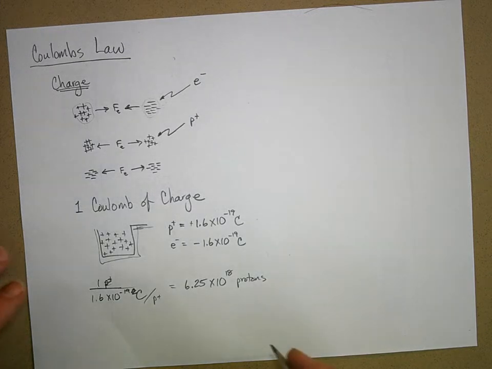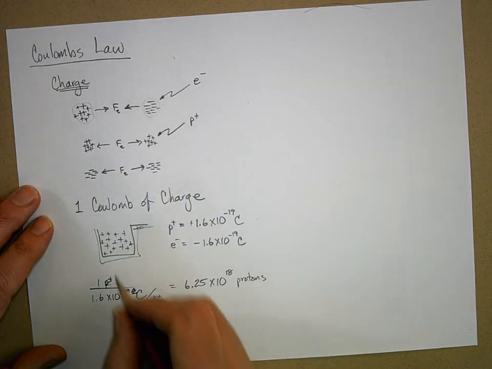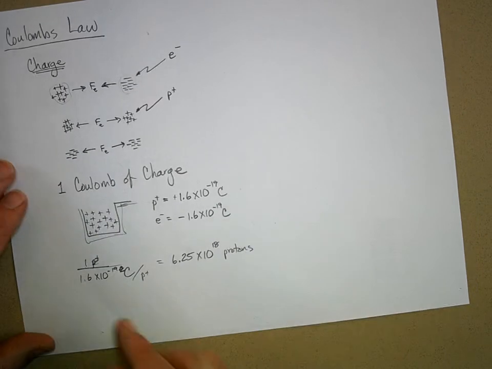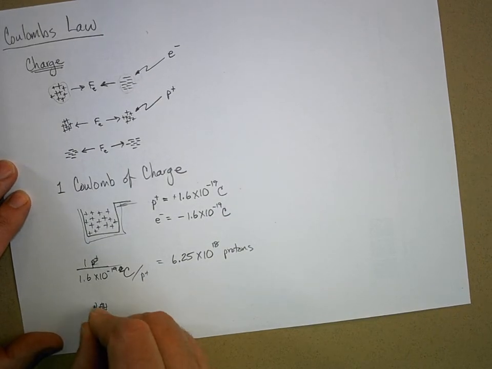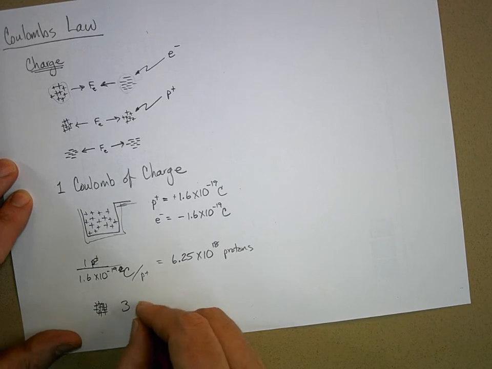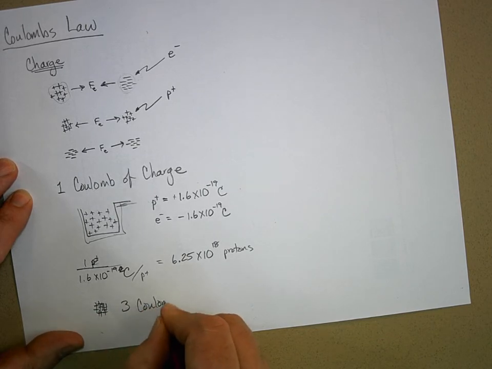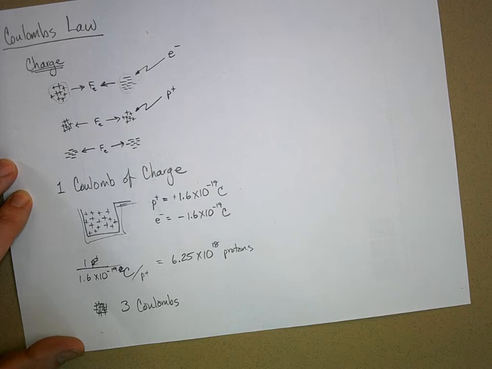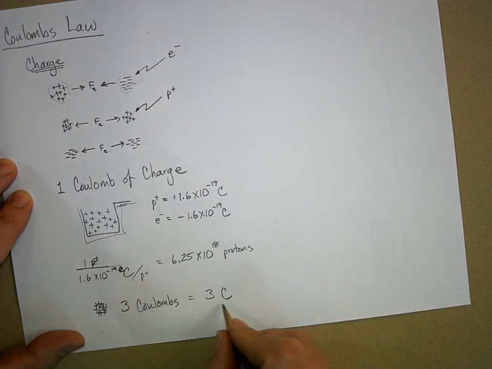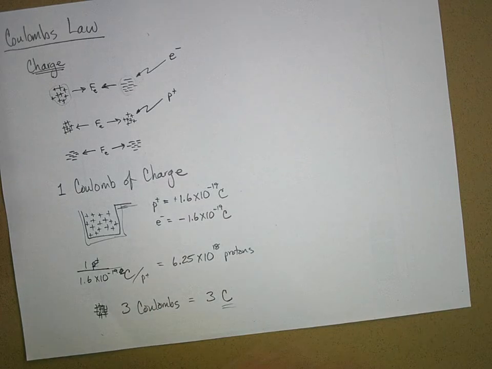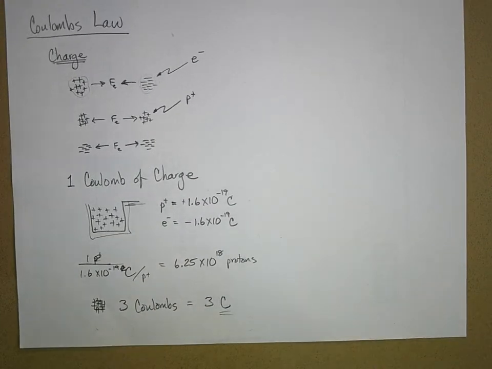Now, a Coulomb, so let's say I've got a certain quantity of charge. Let's say I have 3 Coulombs. Well, you would say 3 C. This is how you abbreviate. A Coulomb is a capital C. And what's the variable I use to represent charge?